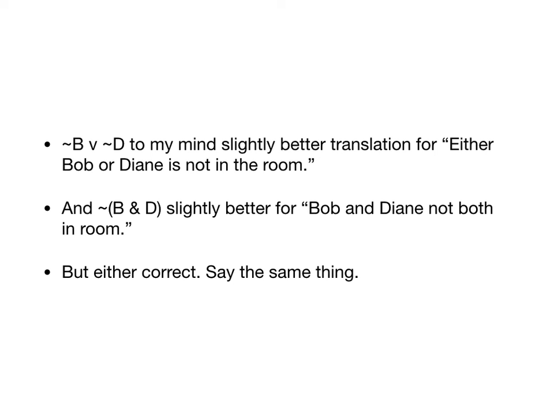Because this one has an and, it seems to get that a little better. But either is correct, right? Because for the purposes of logic, they have the same truth value. Always, every line of the truth table, these say exactly the same thing, have exactly the same output, means they're logically equivalent. You can use either one.